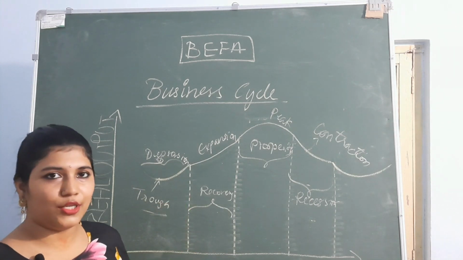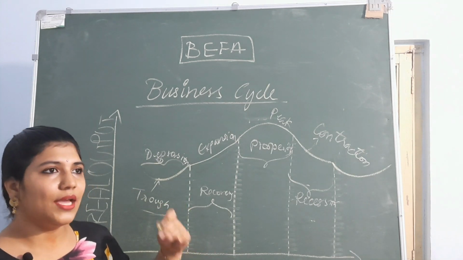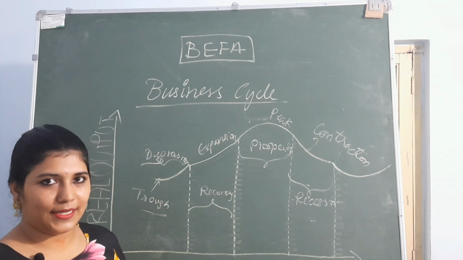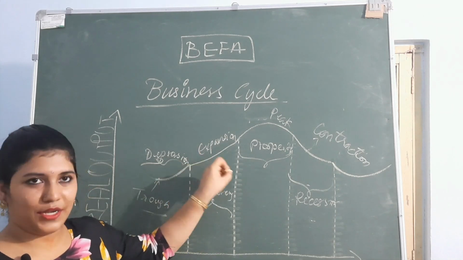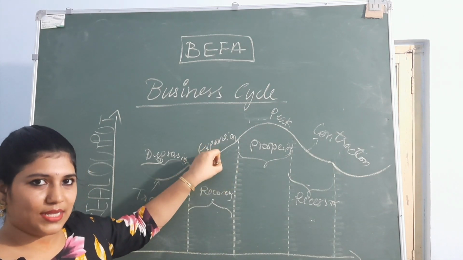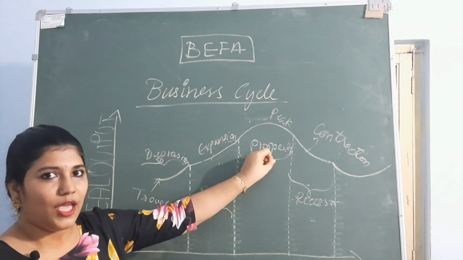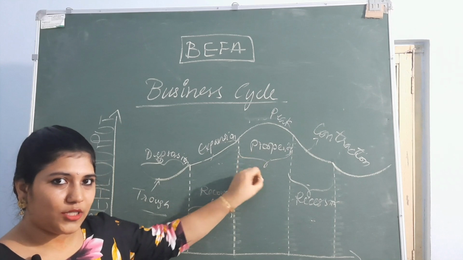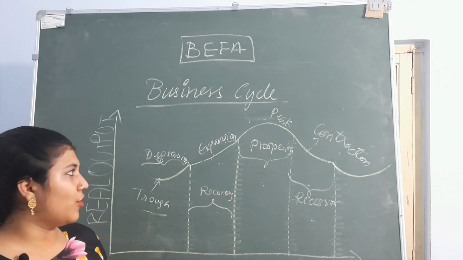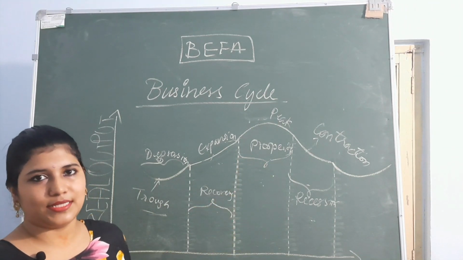You will get new plant and machinery, and you will start again and again. That will expand your business, and this results in the recovery phase, and that will take you to the prosperous stage. What will happen in this prosperity stage?